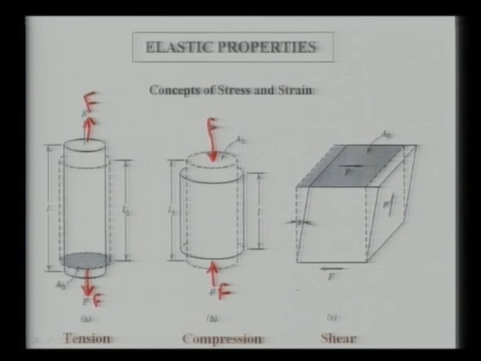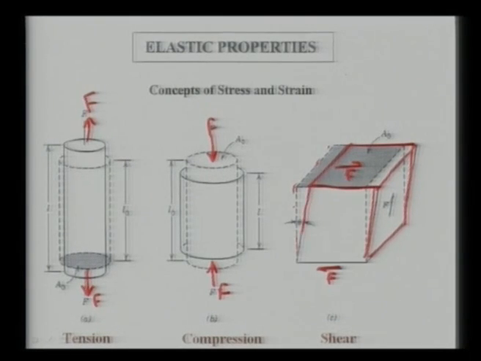Now the third one is shear stress. These dotted lines are the original position of a cube, for example, and on two opposite faces you apply an equal amount of force F. After you apply this force on the two opposite faces, these bold lines indicate the new state after the application of the stress.